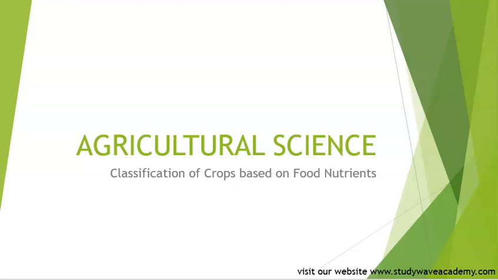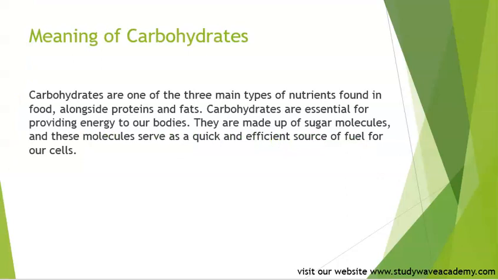First, we are going to be looking at carbohydrates. What do we mean by carbohydrates? Carbohydrates are one of the three main types of nutrients found in food, alongside proteins and fats. Carbohydrates are essential for providing energy to our bodies.